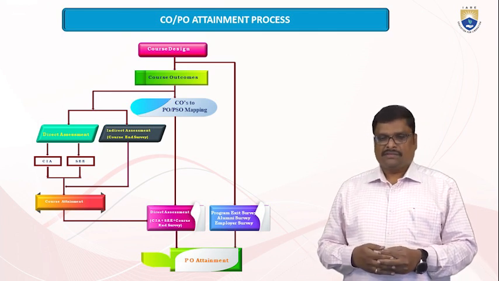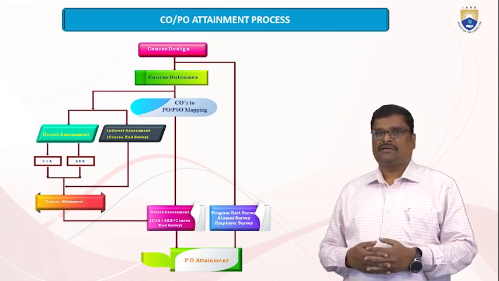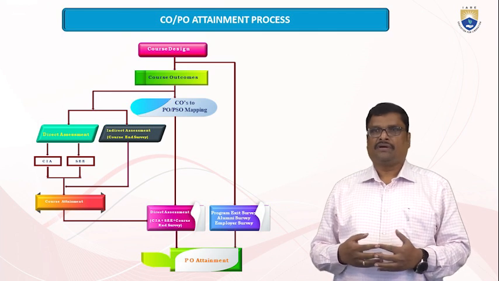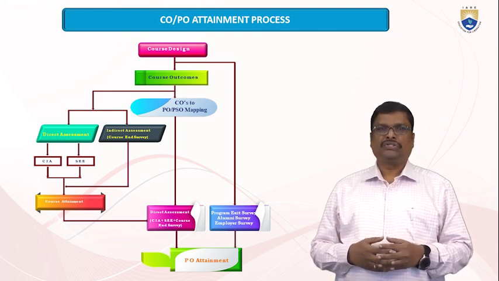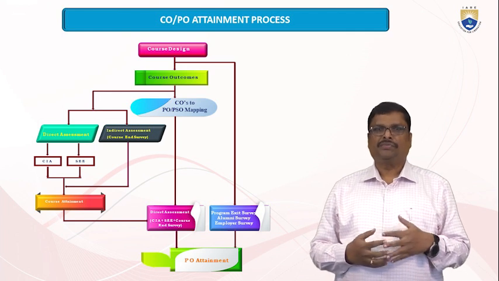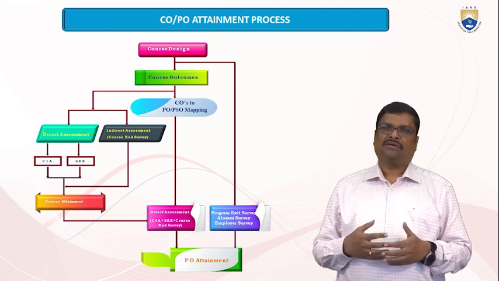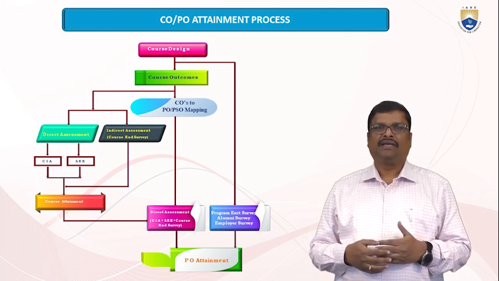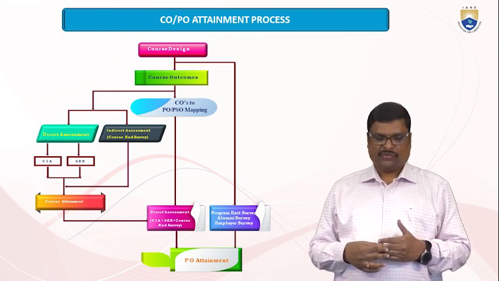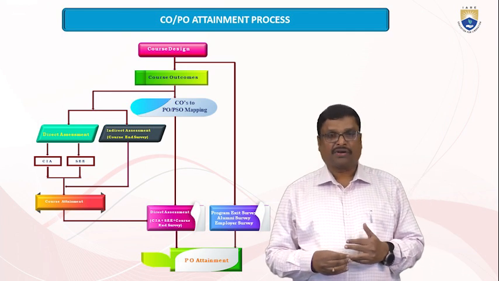Then the process is that at the end of the course and program, we have to calculate the continuous improvement. Continuous improvement has to be measured for the learning quality, the quality of the teaching and learning outcomes.